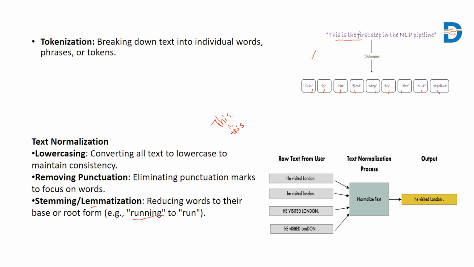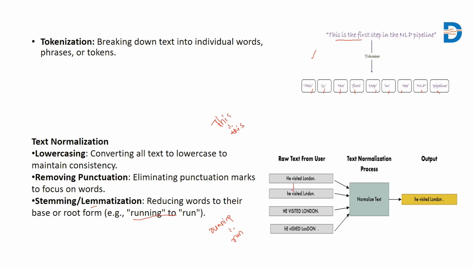See some examples: running. If you take running, what is the base form of running? It's run. In the same way, it will take such base forms. Suppose here, as an example, raw text from the user: He visited London.